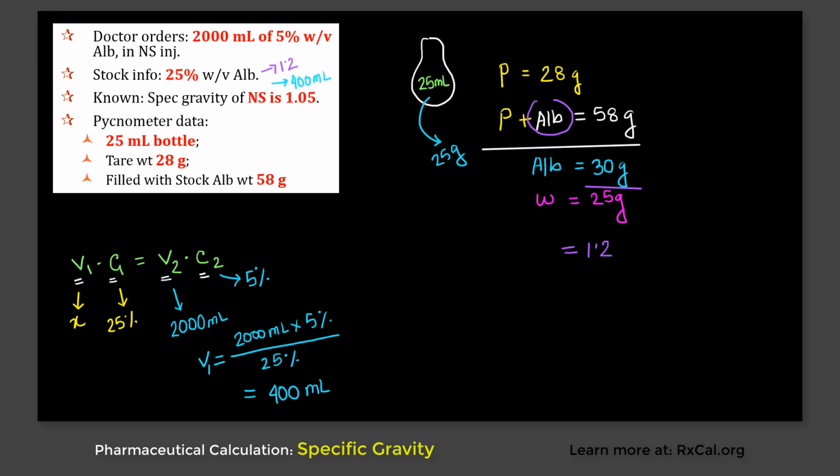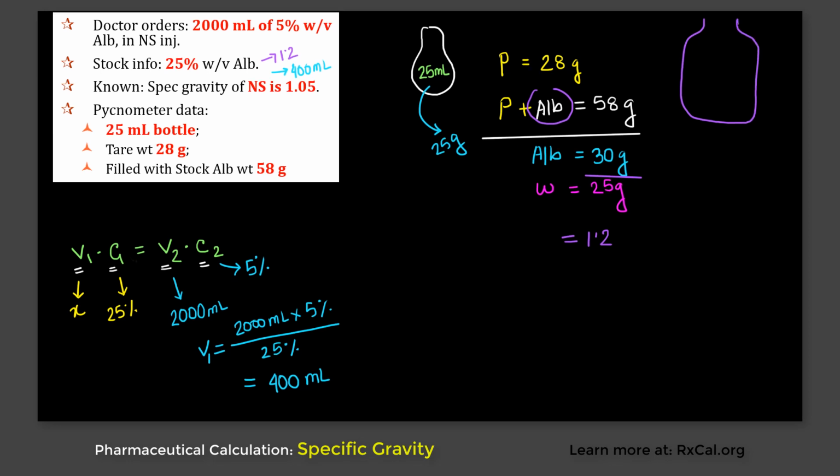Say this is the large container, in which we're gonna add 400 ml from the stock, and definitely we'll need 1600 of normal saline, because the total should be 2000 ml.